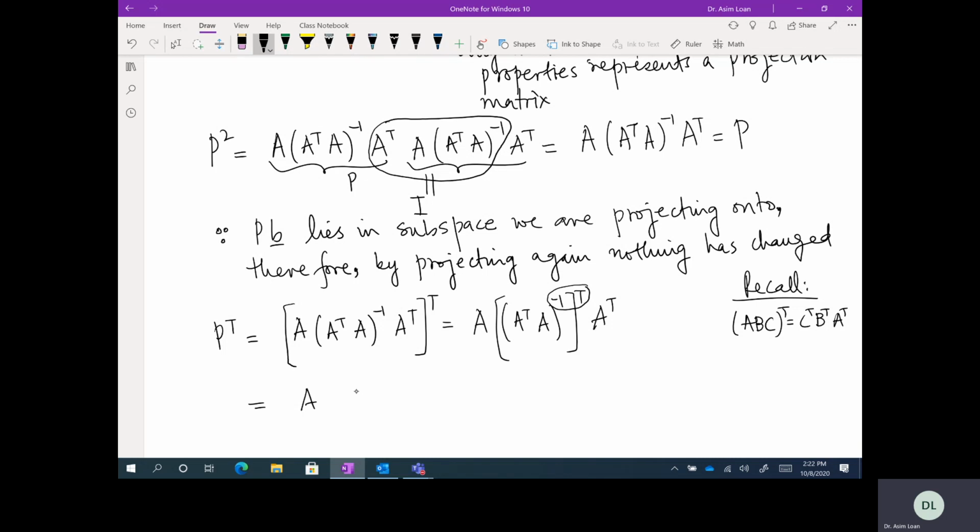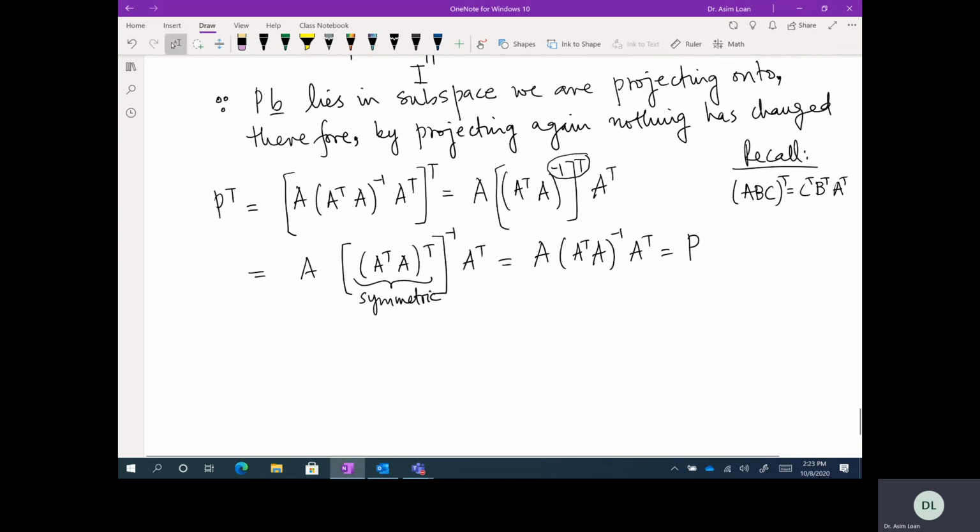So if I reverse this order, I get A into (A transpose A) whole transpose inverse into A transpose. Now A transpose A is symmetric, so its inverse is symmetric, so we get A into (A transpose A) whole inverse into A transpose, which is still P. So P is symmetric.